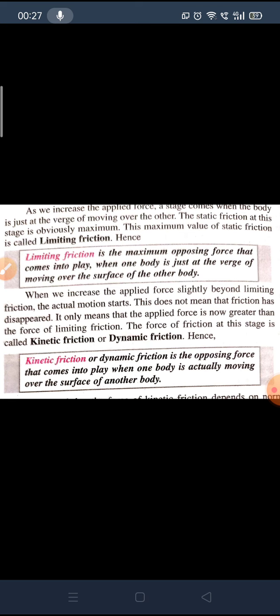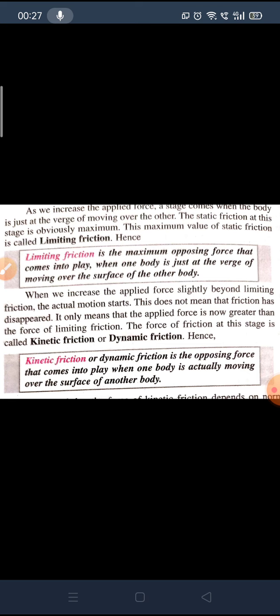And when we increase the applied force slightly beyond limiting friction, the actual motion starts. This does not mean that friction has disappeared. It only means that the applied force is now greater than the force of limiting friction. The force of friction at this stage is called kinetic friction or dynamic friction.